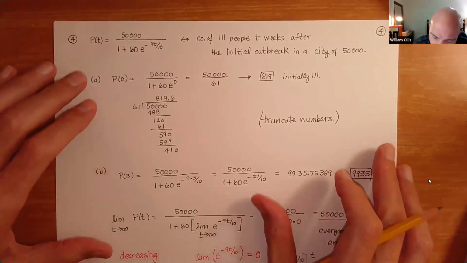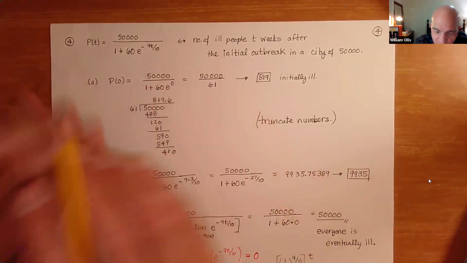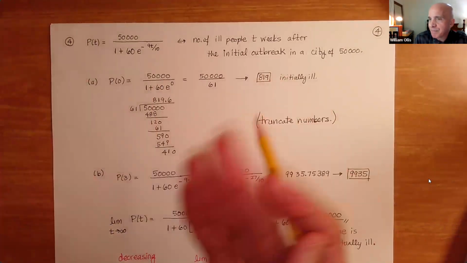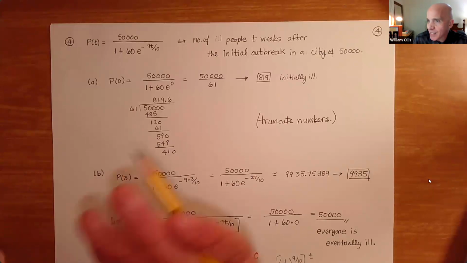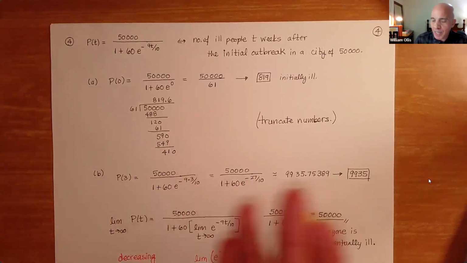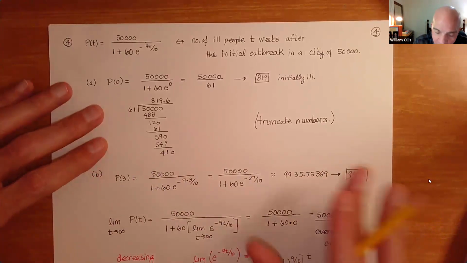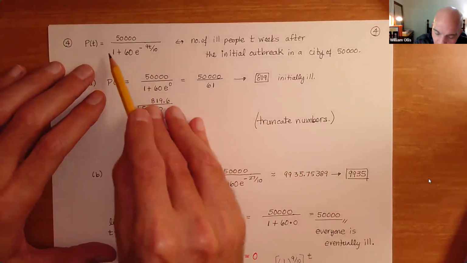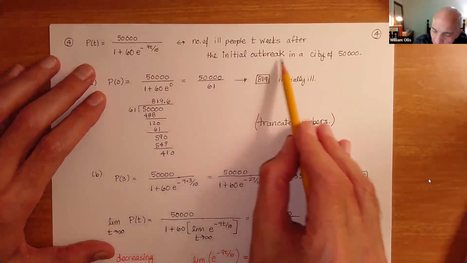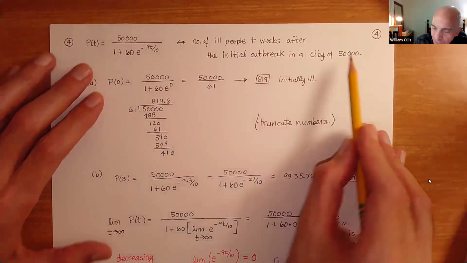Now, this is an interesting problem, and as we think about what we encounter as a society, outbreaks of certain types of flus and viruses, this is always a very interesting type of model. Notice here, P of t will be the number of ill people t weeks after the initial outbreak in a city of 50,000.